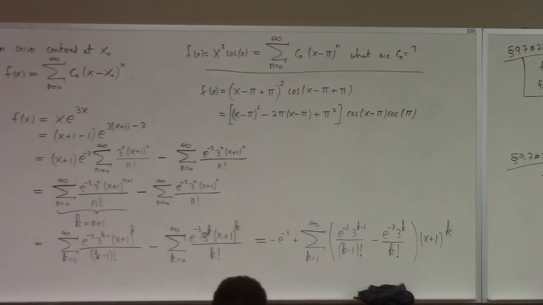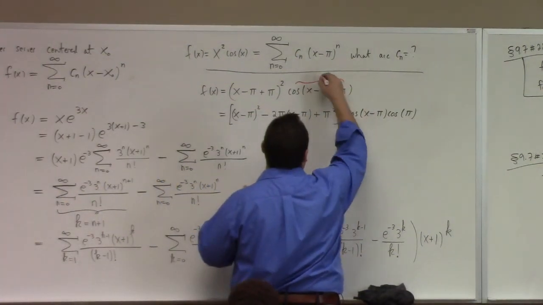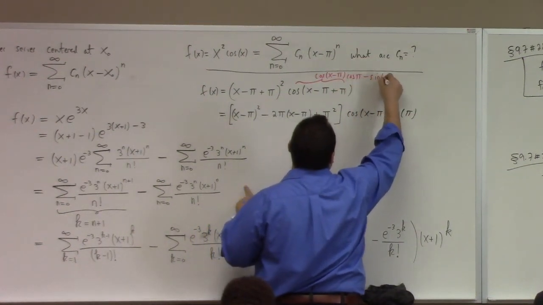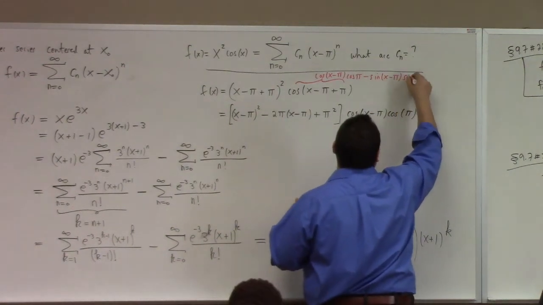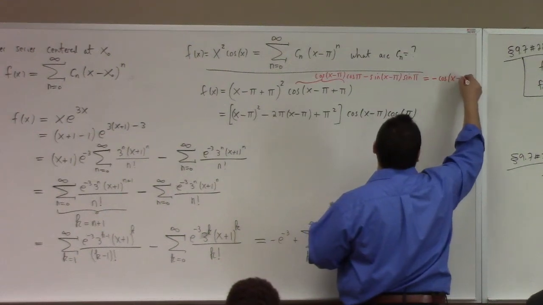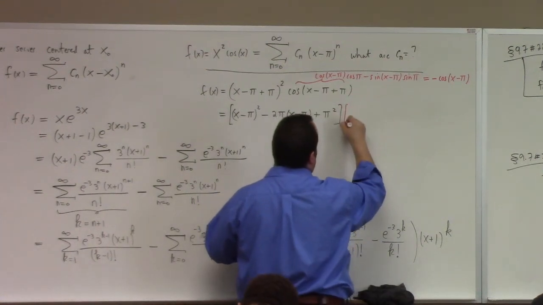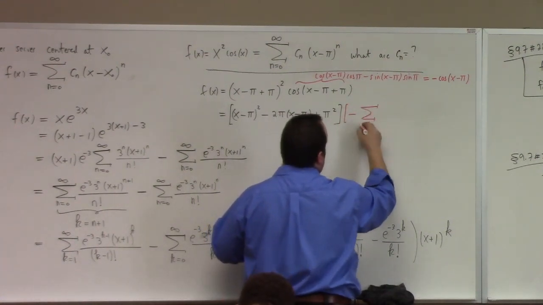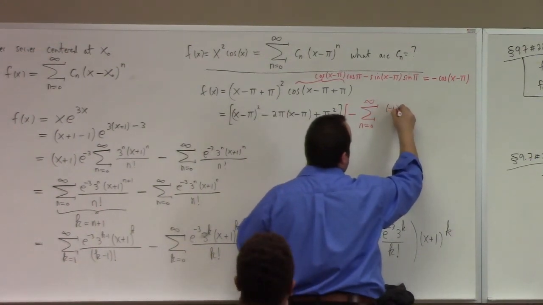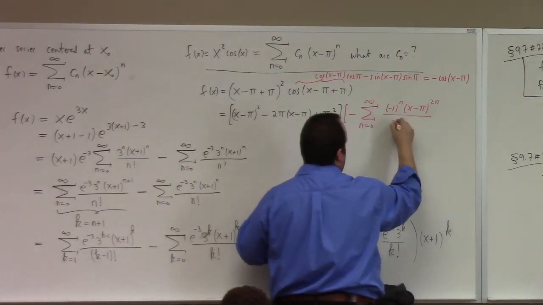This can be simplified as cosine of x minus pi cosine pi minus sine of x minus pi sine pi, but that's just minus cosine of x minus pi. So with that in mind, this is just minus the sum, n equals 0 to infinity, of minus 1 to the n, x minus pi to the 2n divided by 2n factorial.